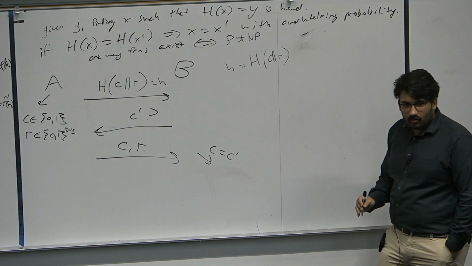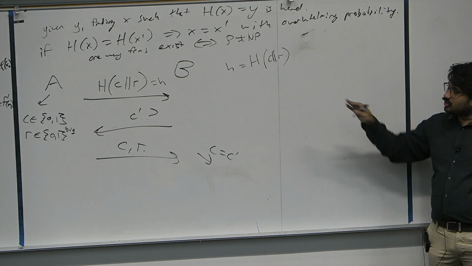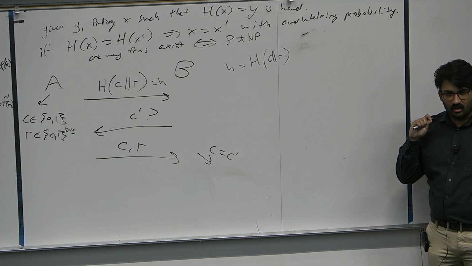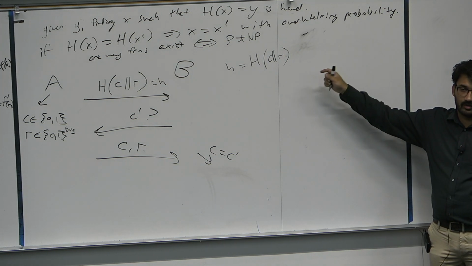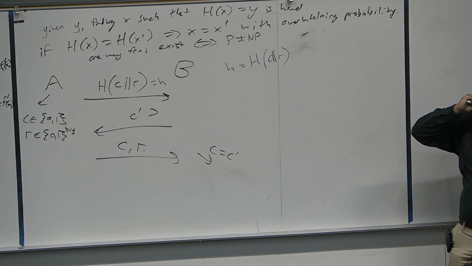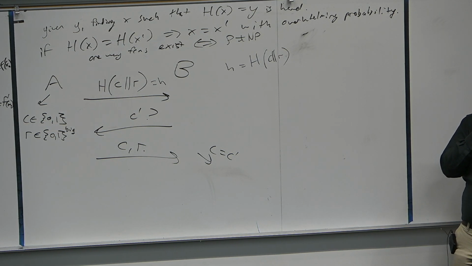Is it possible for Alice to change the answer, but for the hash to still be equal? Why not?